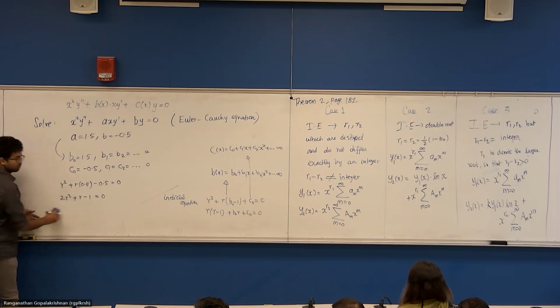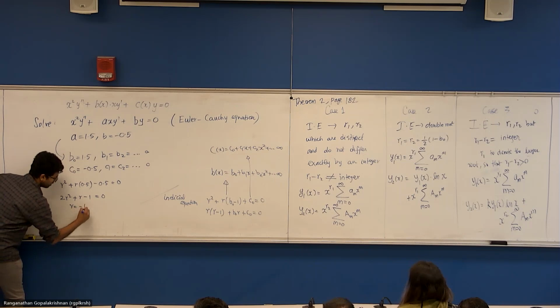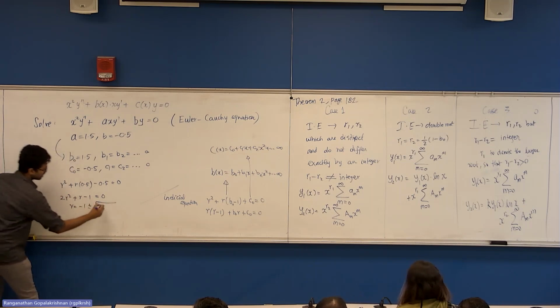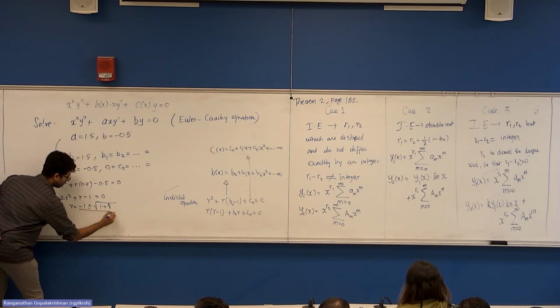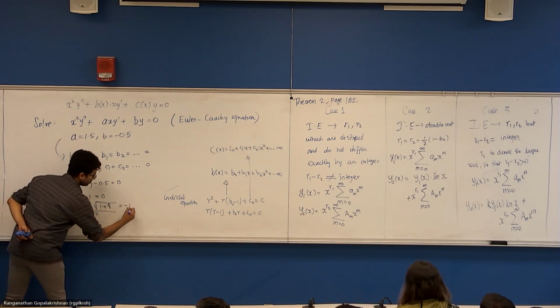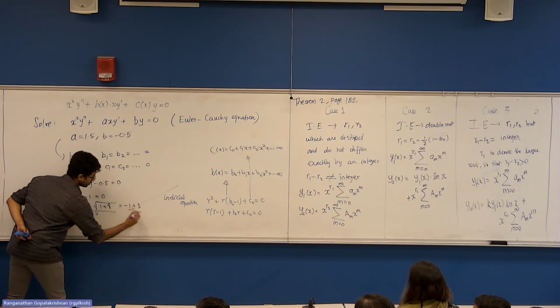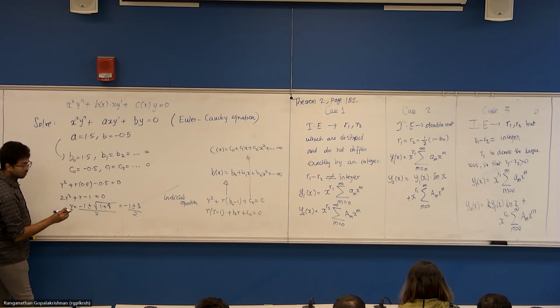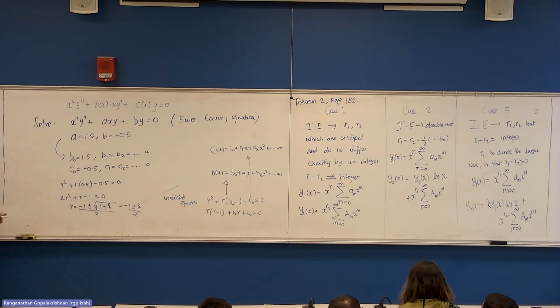I thought somebody would flash me the answer, but minus 1 plus or minus square root of 1 plus 8, divided by 2, so it's either minus 2 or plus 1. Is that correct? Minus 1 and a half.